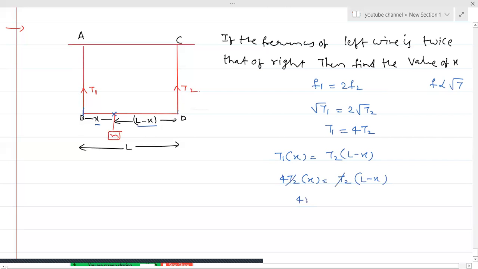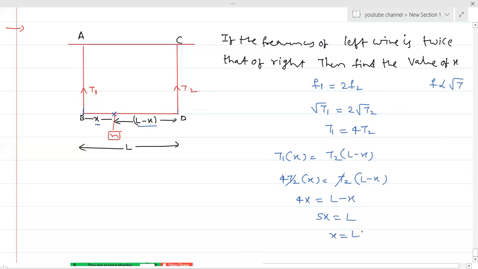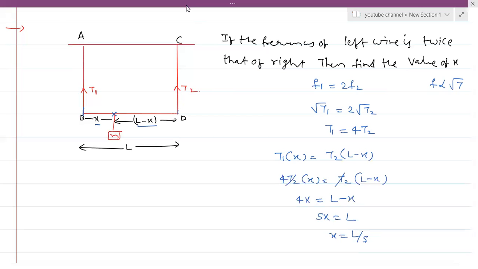T2 gets cancelled. 4x is equal to L minus x, or 5x is equal to L, so x is equal to L by 5. In this way, you will understand the discussion.